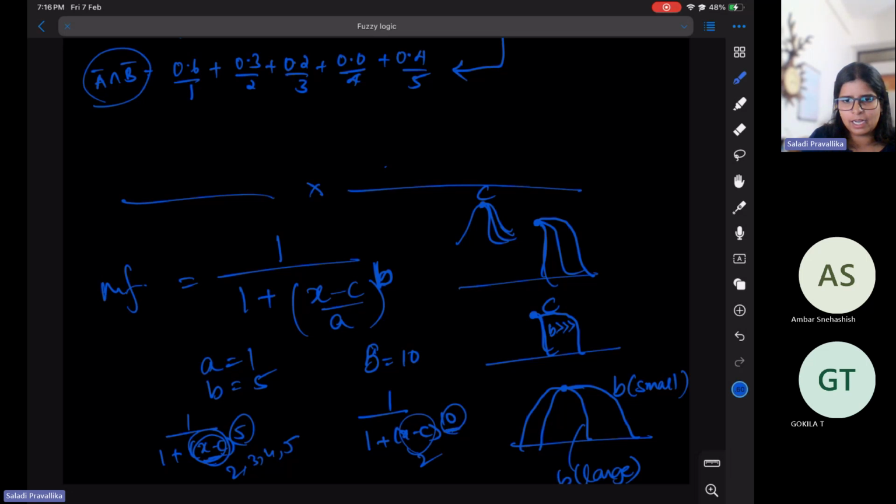So this exponential power is in the denominator, not in the numerator. If it is in the numerator, then the opposite will happen. Since this whole thing is in the denominator, this value keeps on increasing, which means the membership function will keep decreasing. Right? What you have got is right.